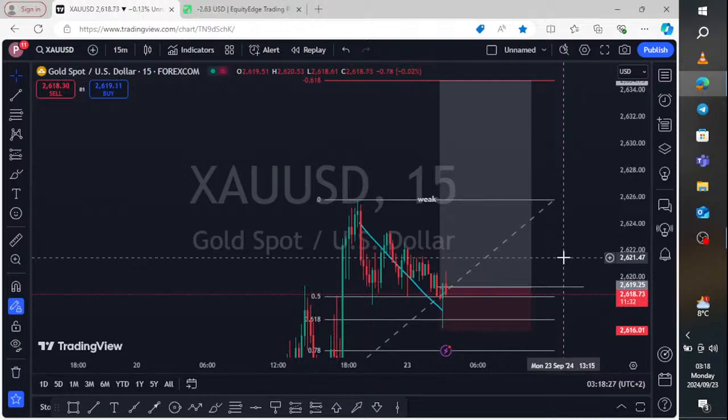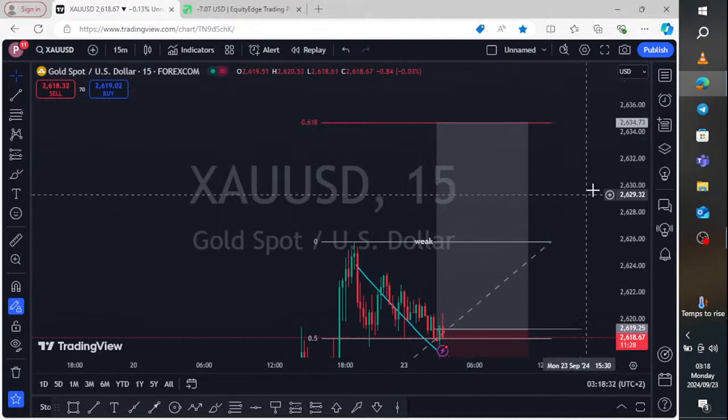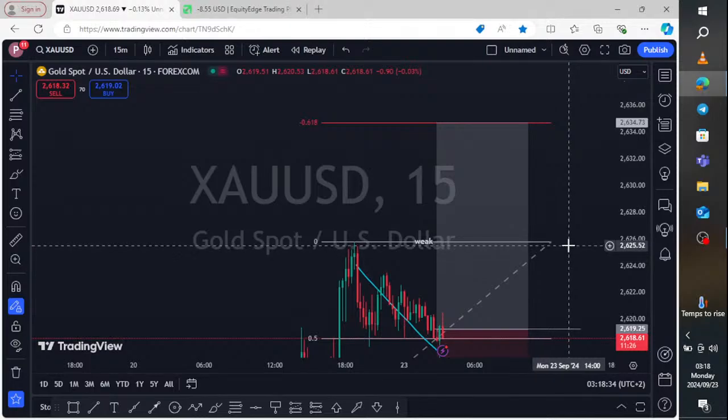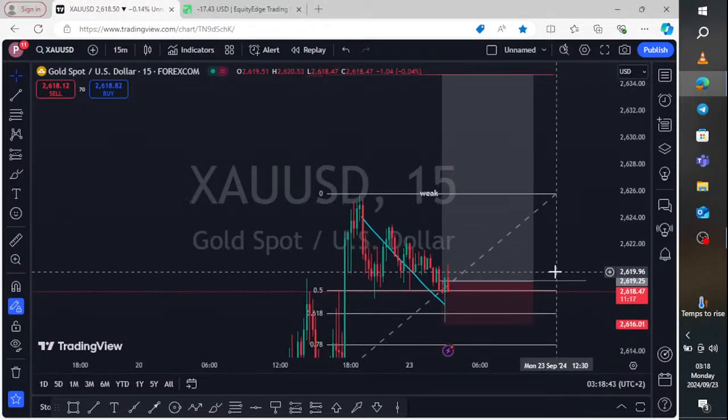The extension price that I'm looking at right now is this area right here, which is 2634. So you can just make it 2634. That's the price area I'm looking at as an extension of price on this trade, understand?